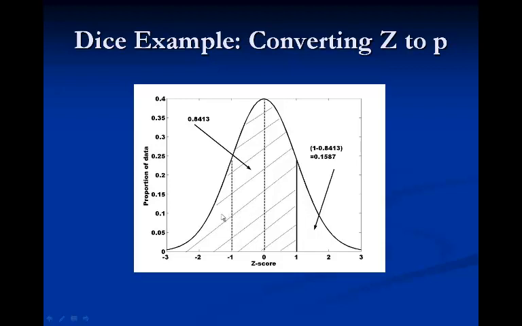Similarly, there'll be another 16% below -1 standard deviation below the mean. So if we add these two areas together, we get something in excess of 30%, which is why we concluded that there was no significant difference, and so we could not reject the idea that this was a fair dice, because we use a p-value of 0.05 or smaller in social science.